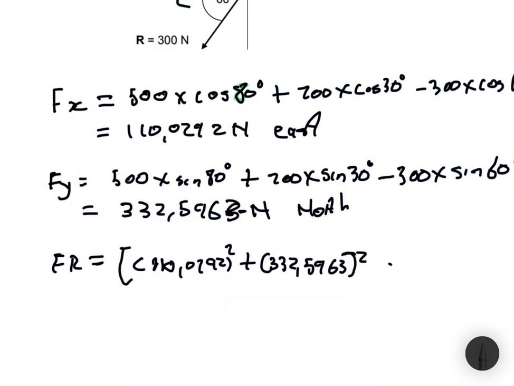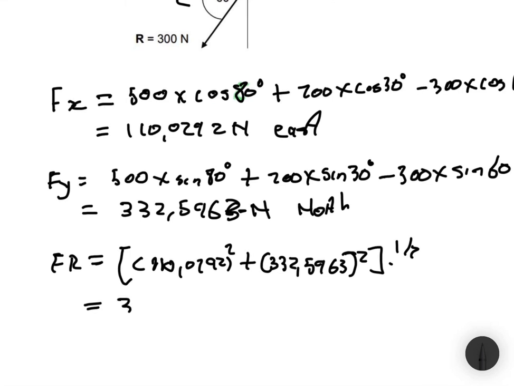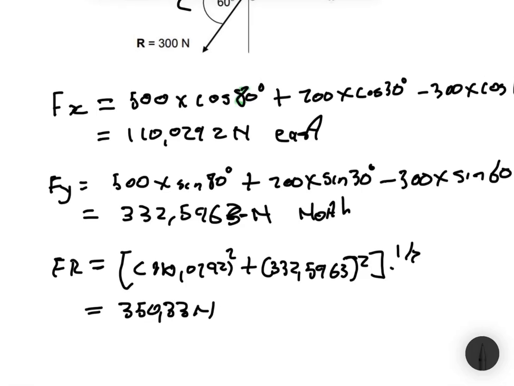And then take everything to the power a half as a means of taking square roots on both sides. So we should get 350.33 newtons, right? So we have the value of the resultant.